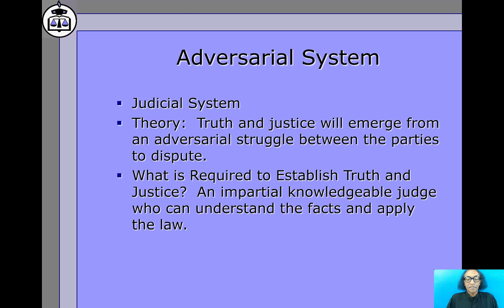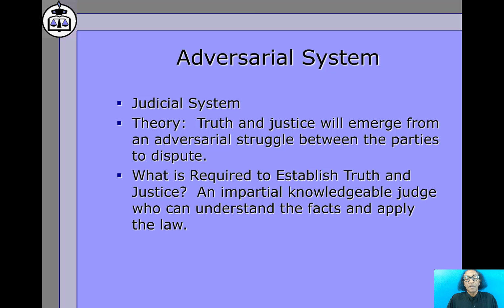So the idea is that the 2 parties, the plaintiff and the defendant, will present their facts, they'll make their arguments and so on, and try to convince the judge or the jury that their position is the correct one.